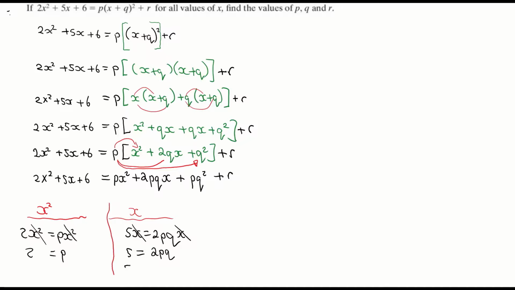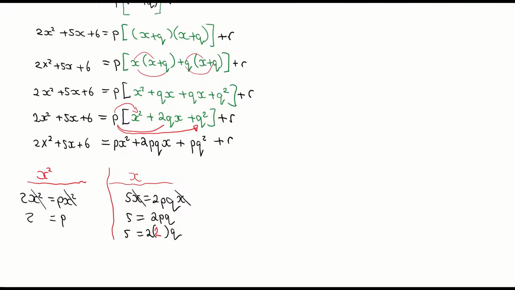I'm going to sub in 2 for my p, so I'm drawing a bracket, q, and I'm going to sub in 2 because we found that in the first part. So that is giving me 5 is equal to 4q. And that means then that q is equal to 5 divided by 4, or 1.25.